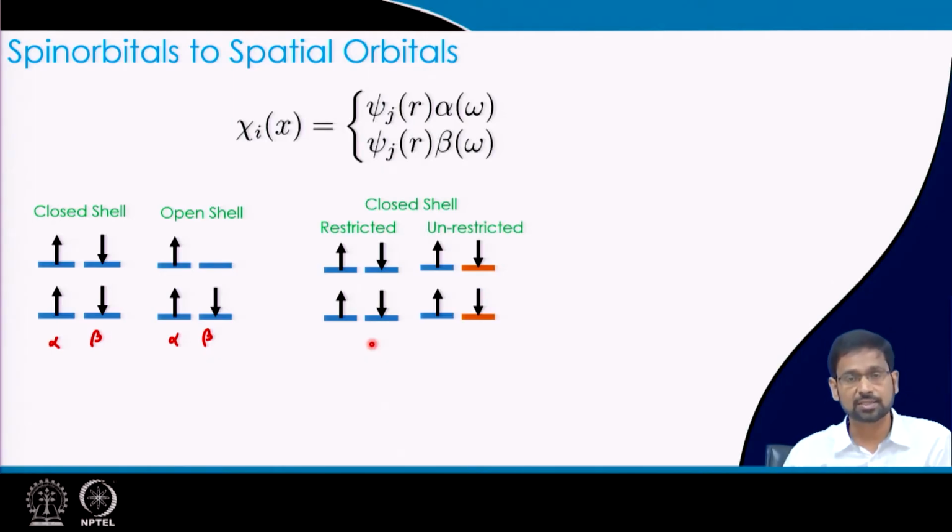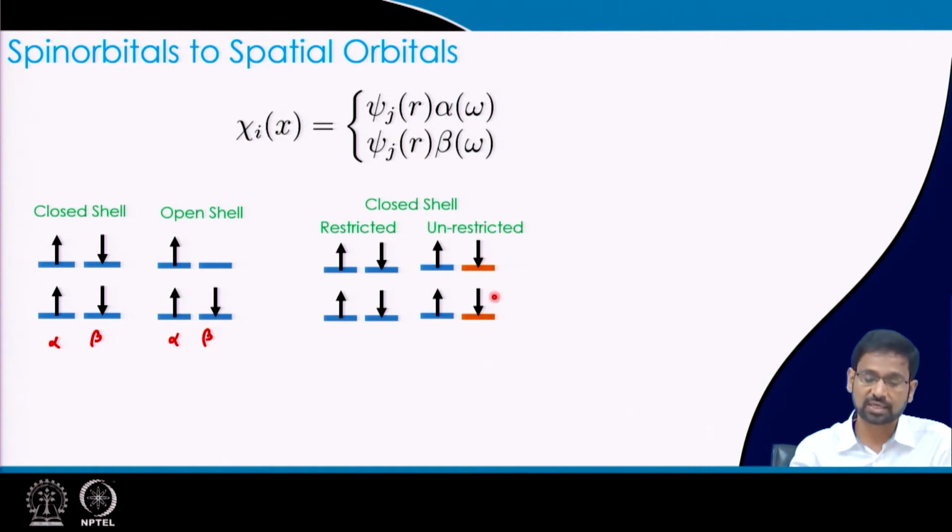But in many cases it so happens that for a proper description of the molecular wave function, we need to distinguish the spatial part of the up spin electron and down spin electron.